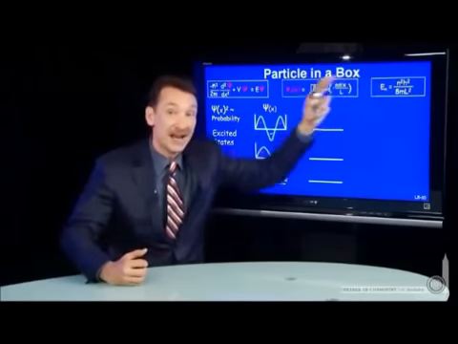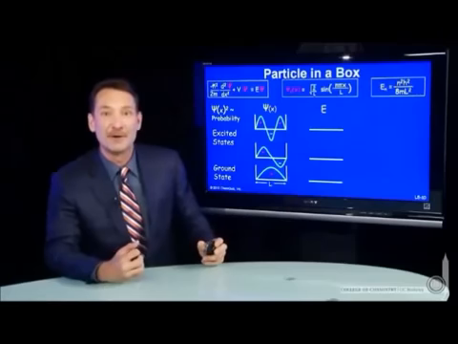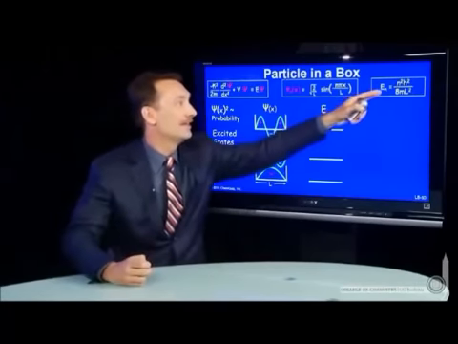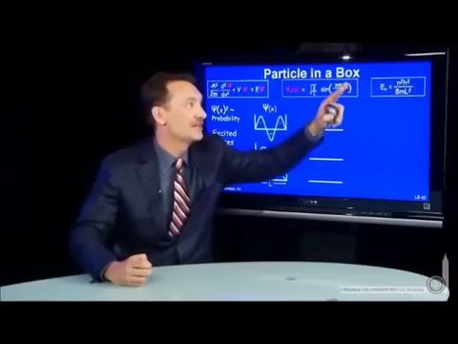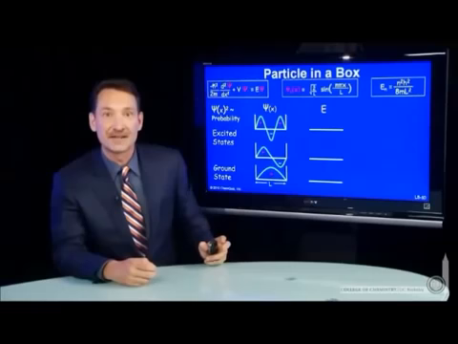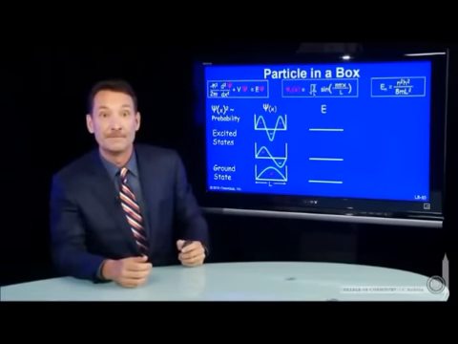The expression for the energy of the particle in terms of this quantum number, we're going to call it now n, goes like the energy of the nth state, n squared h squared over 8mL squared. The length of the box, the quantum number, Planck's constant are all in there.